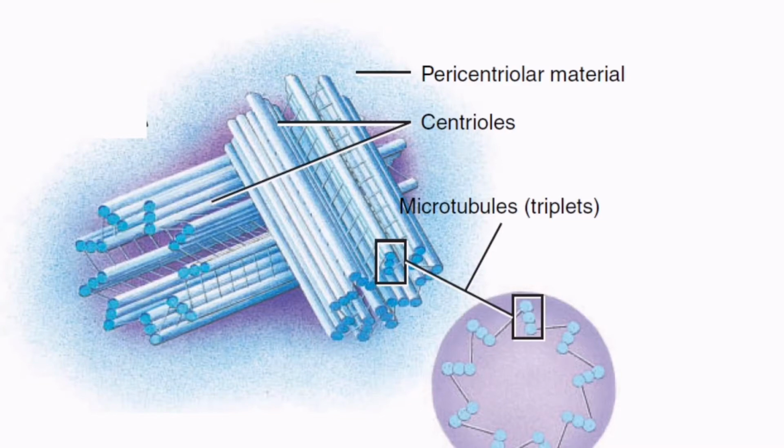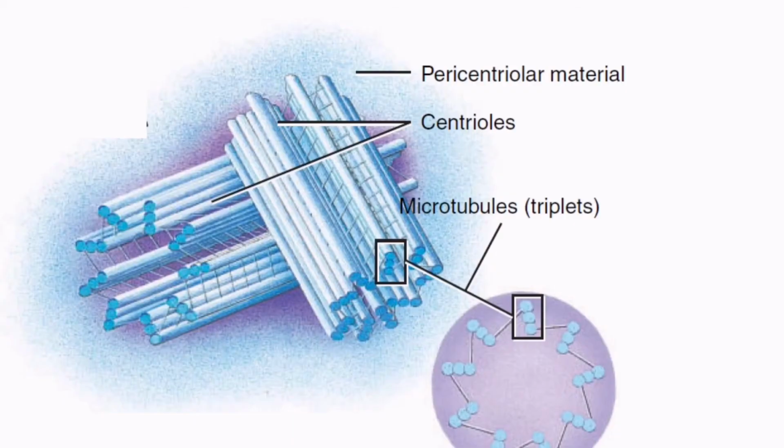The centrosome is mainly composed of a pair of tubules known as centrioles plus pericentriolar material. Thus, two centrioles plus pericentriolar material make up the centrosome. Each centriole consists of 9 microtubules.